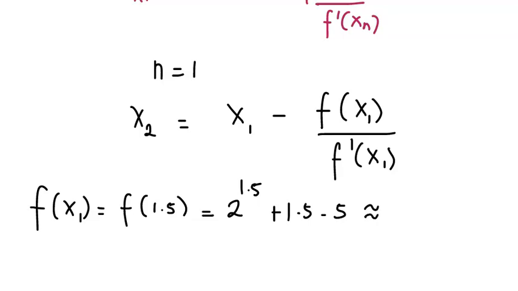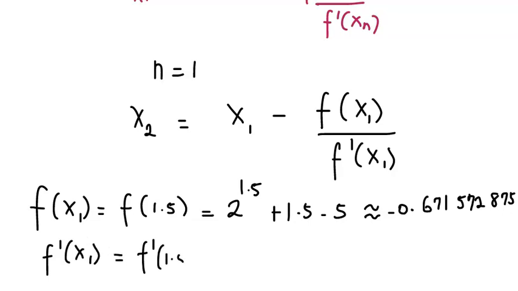And with the help of my calculator, this is approximately equal to negative 0.671572875. Then we need to compute f prime of x subscript 1, which is equal to f prime of 1.5.